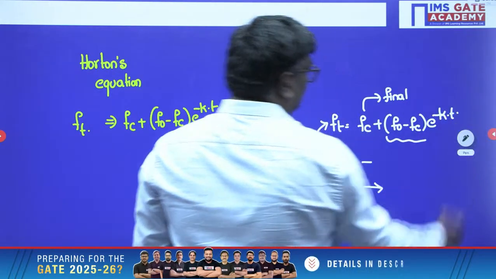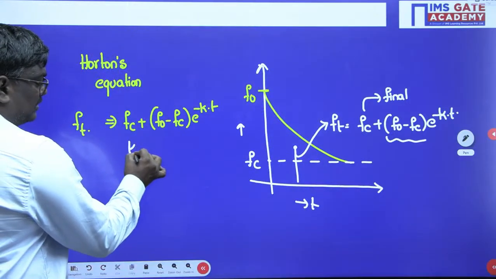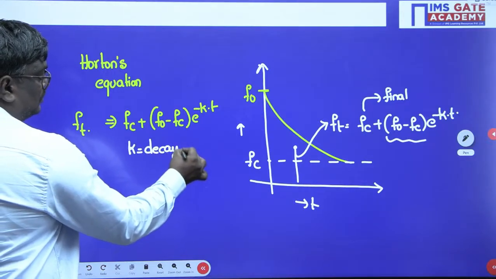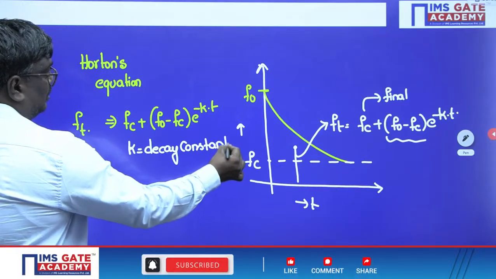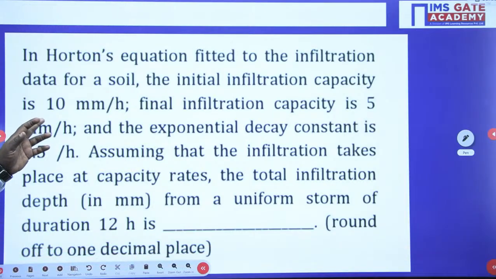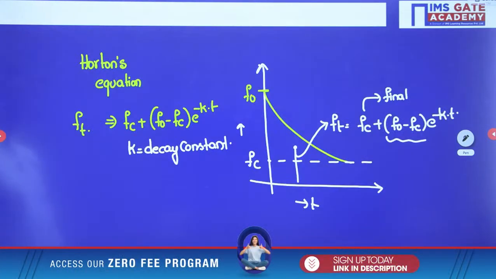Okay. See students, what is k here, sir? k is nothing but the decay constant. Now, my dear students, here what is Fc, sir? Fc is 5, initial is 10, and total duration is 12 hours. Decaying constant is 0.5 per hour.